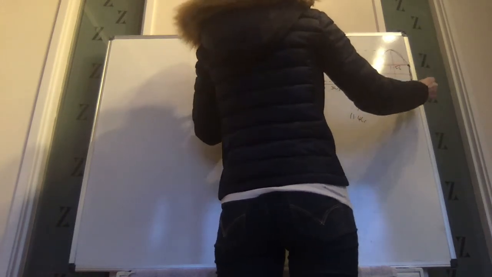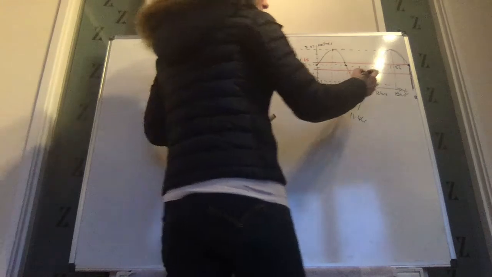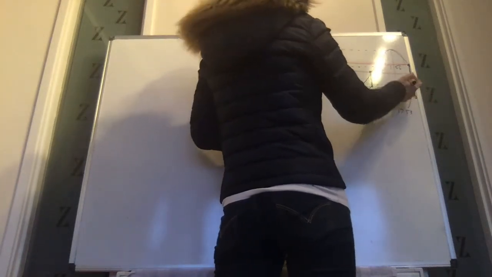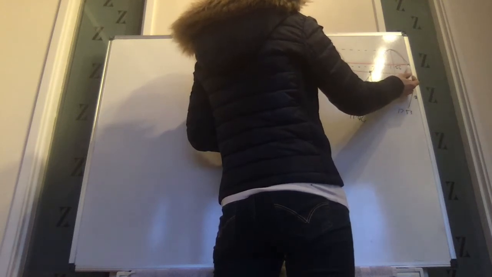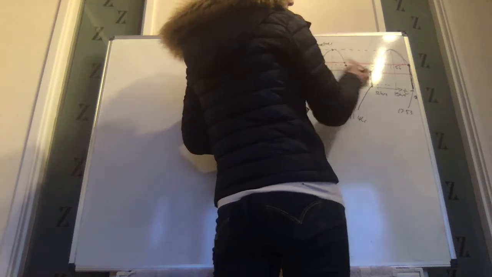So it has to leave by, what is that according to their graph? 17.53. So they're saying that's 17.53 here. So really 17.53 would be when it would be leaving, although I don't see why it couldn't be leaving here as well in a similar way.